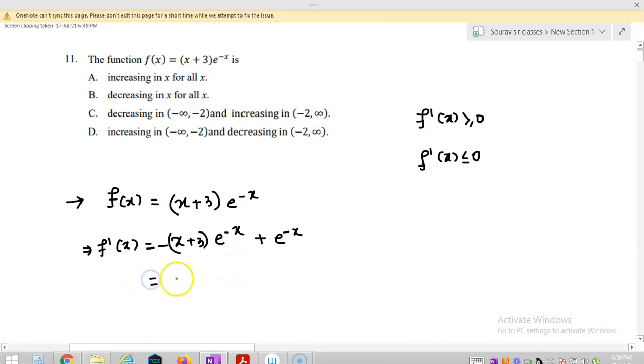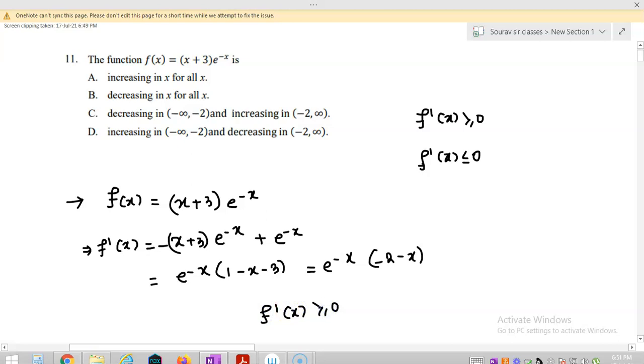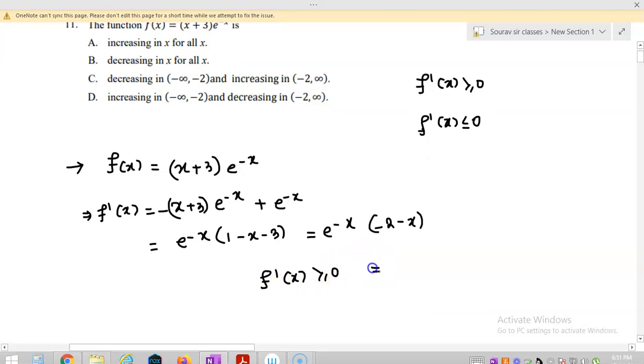Taking e^(-x) common, I can write 1 minus (x + 3). So f'(x) = e^(-x)(-2 - x). Sorry, that is e^(-x) times (-2 - x). Now f'(x) greater than or equal to 0 implies e^(-x)(-2 - x) is greater than or equal to 0.